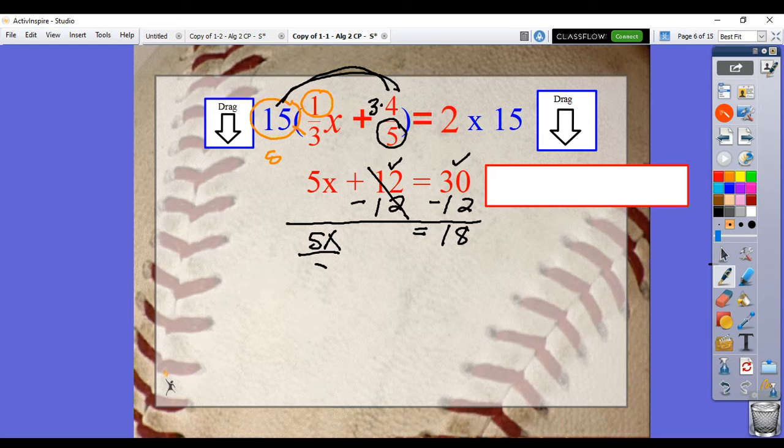Then divide everything there by 5. So my answer is x equals 18 over 5. You cannot simplify or reduce this anymore. Some teachers might require you to have a decimal value. So 18 divided by 5 is going to be 3.6. Okay?